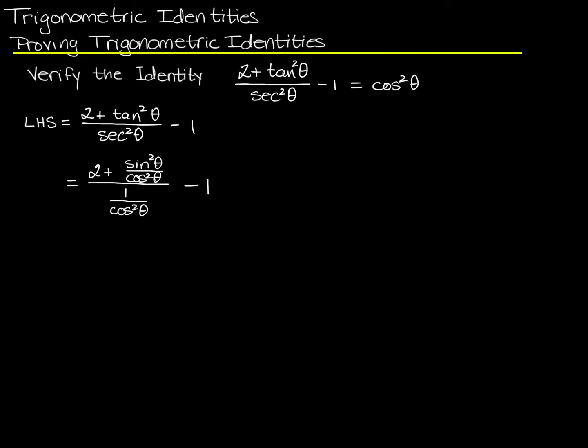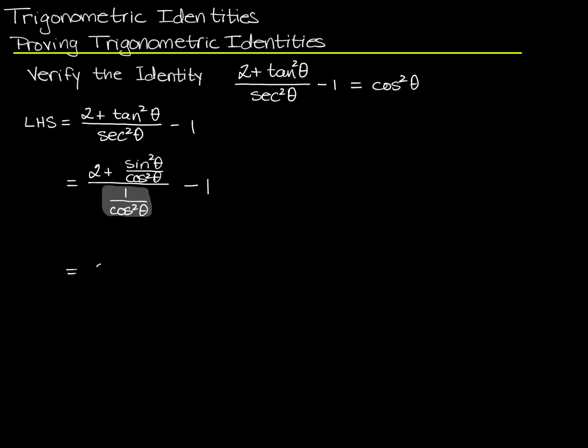So for my next line, I feel like I have two options here. One is that I could try to simplify this complex fraction. The other is that I could change this into a fraction so I had a common denominator. But my denominator would need to be 1 over cosine squared. That feels kind of messy to me. So I think I'll go with my first reaction, and that is to try to simplify this fraction a little bit.